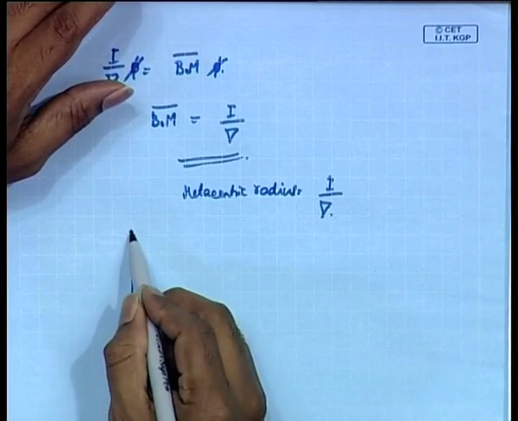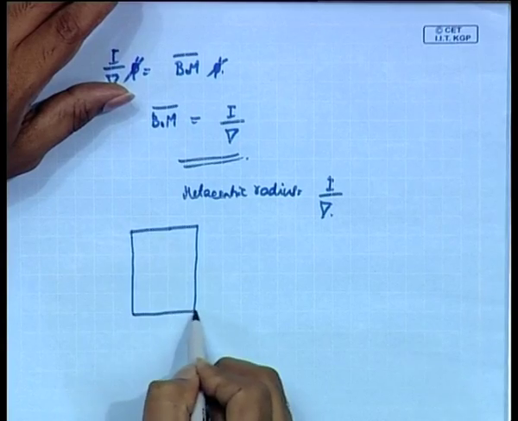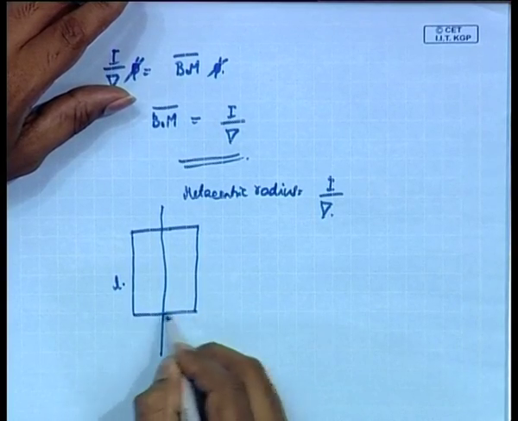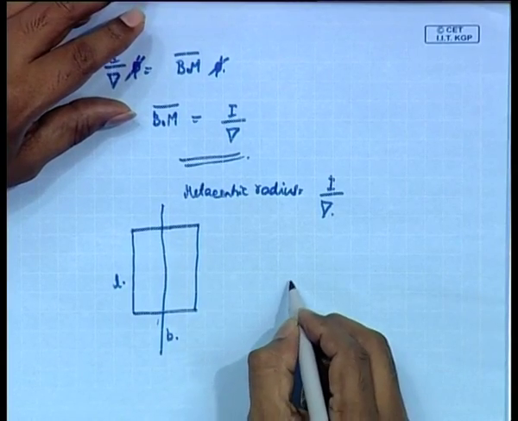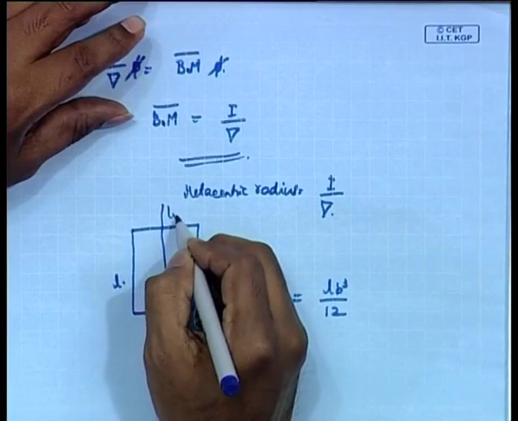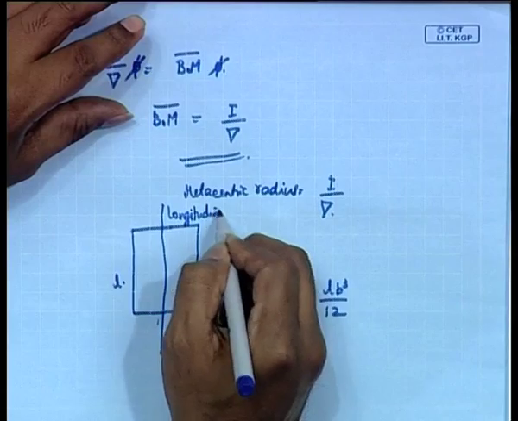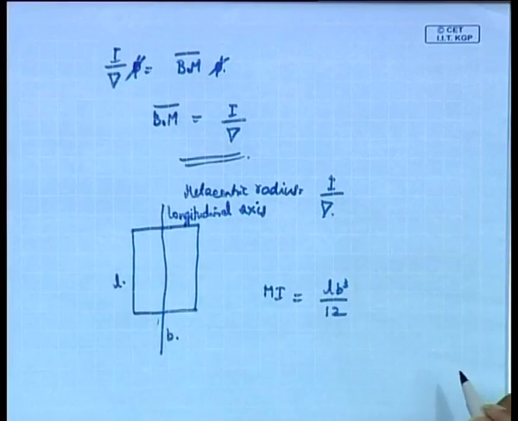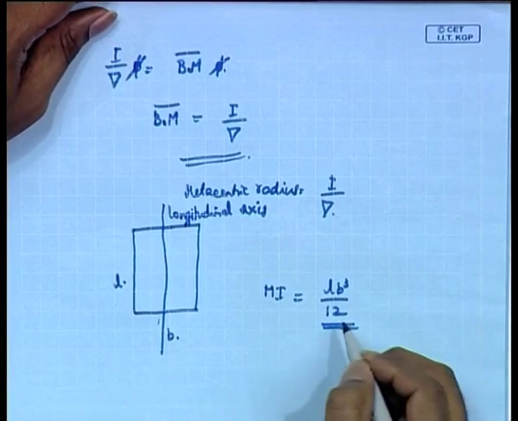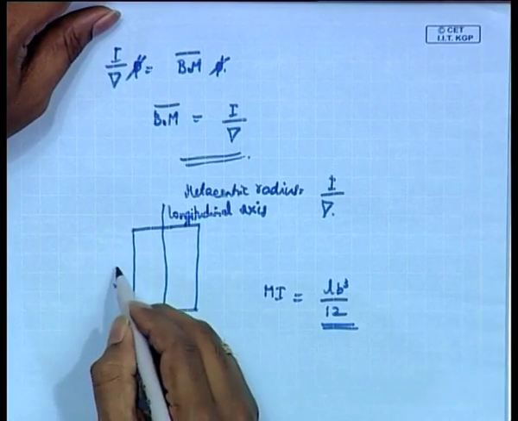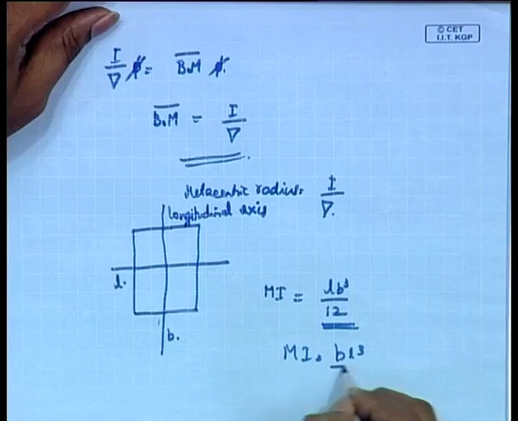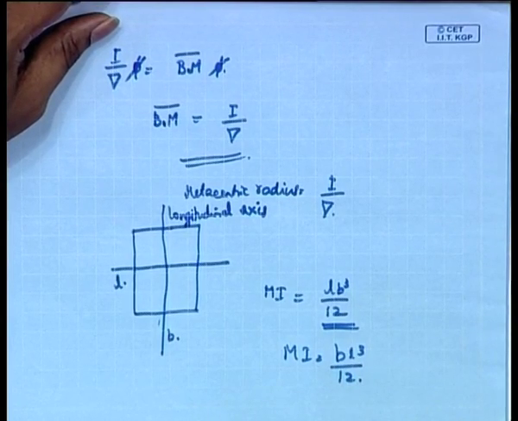For instance, if you have a rectangular water plane area, where this length is L and this length is breadth b, then the moment of inertia about this longitudinal axis is given by L b cubed by 12. Moment of inertia about a transverse axis is B L cubed by 12.